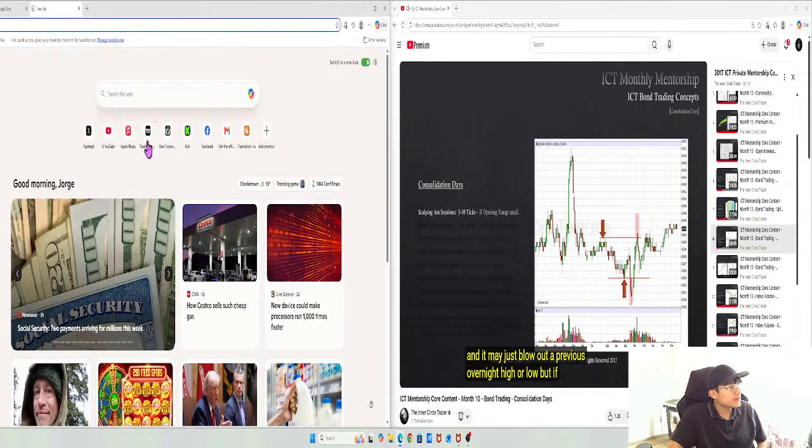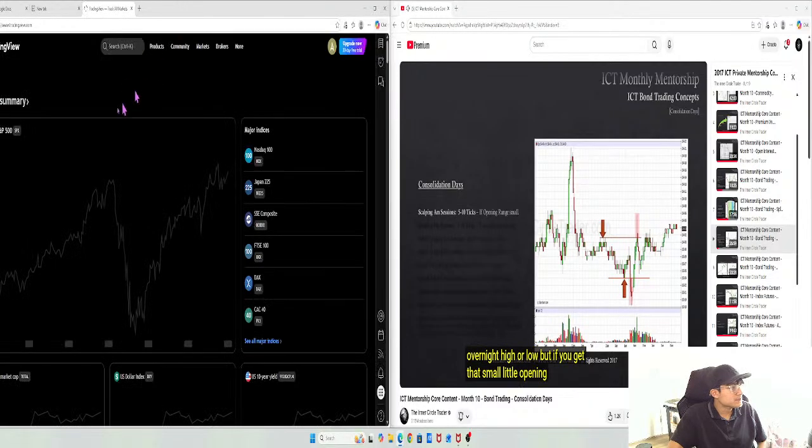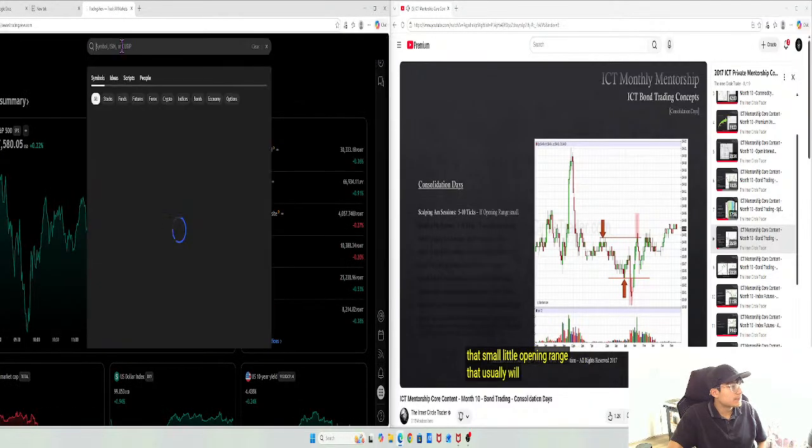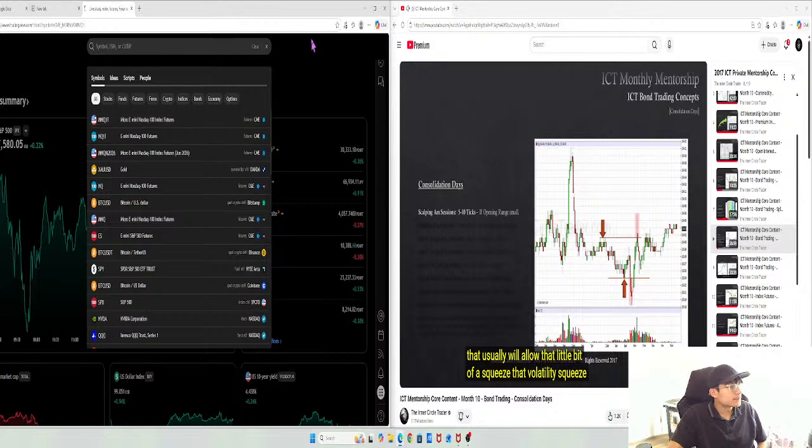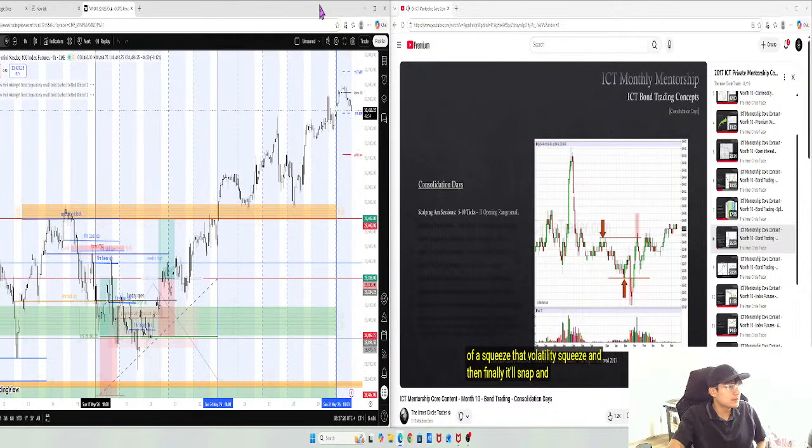But if you get that small opening range, that usually will allow a little bit of a volatility squeeze, and then finally it'll snap and move in the direction that you would have predetermined based on institutional order flow.